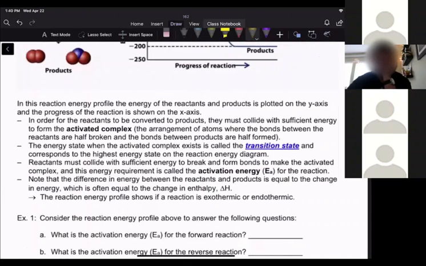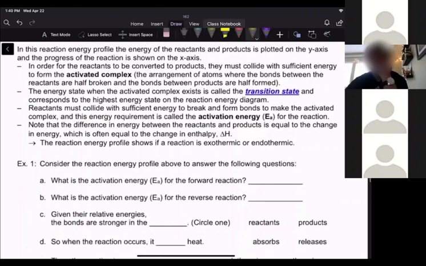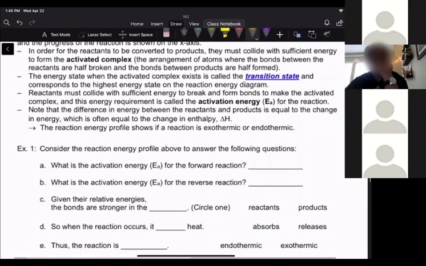That's the transition state. And if they make that energy requirement, then they've reached the activation energy. And the difference in the energy change between the reactants and products is the enthalpy. Or if we're at constant pressure, such as in a lab, that is also the heat.